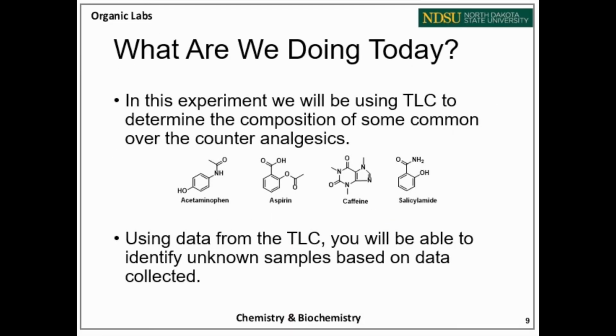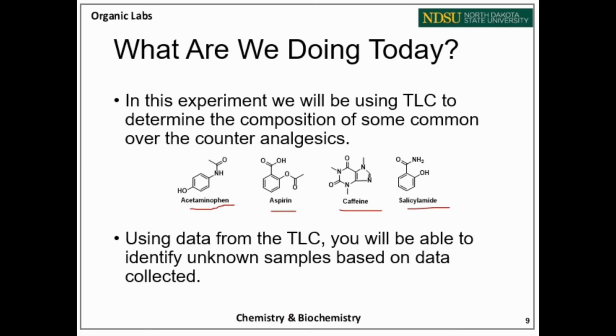So that brings us to what we're actually doing today, finally. In this experiment, we will be using TLC to determine the composition of some common over-the-counter analgesics. You will be given 4 known compounds: acetaminophen, aspirin, caffeine, and salicylamide, and you will take TLCs of all of them, and then you will record their RF values.